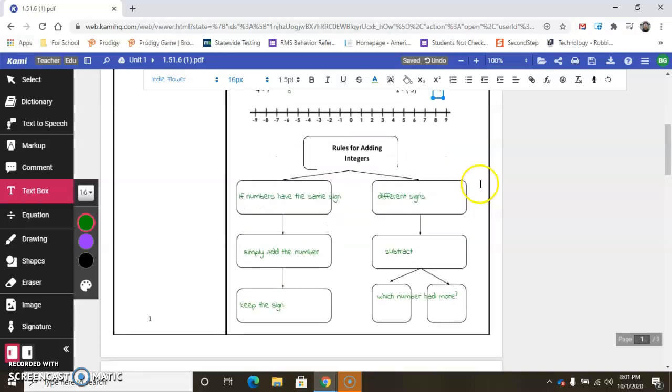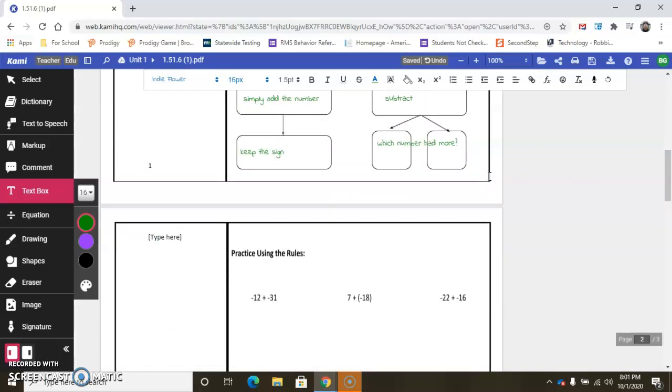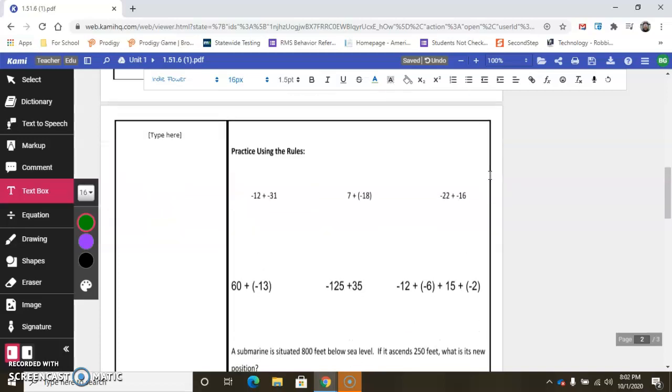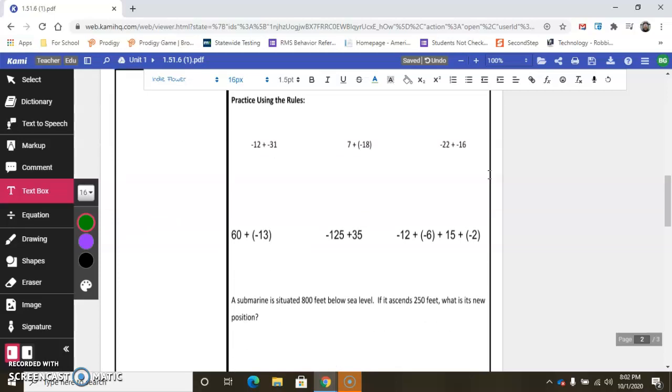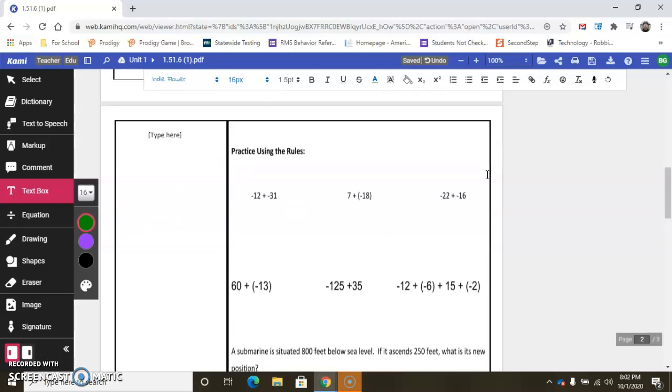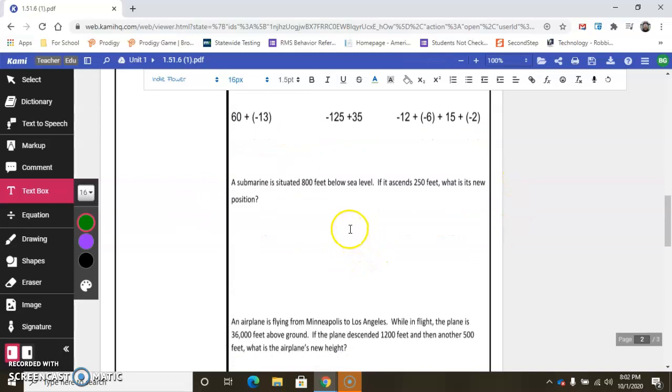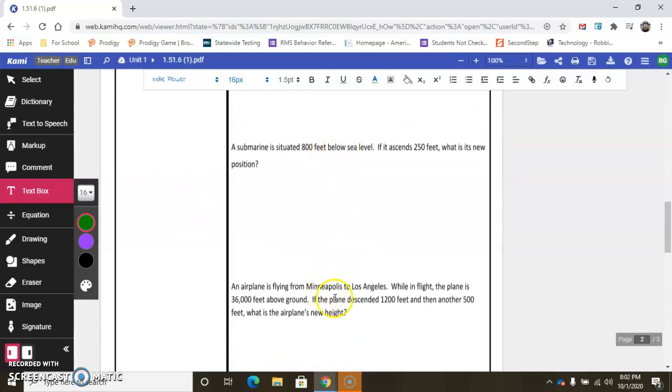I hope that cleared up for you guys. If you have any questions, again, pop back into the chat and ask, or unmute yourself and ask. What I want you to do now for the time being is finish this second page on your own. Try these 5 questions as well as these 2 word problems.